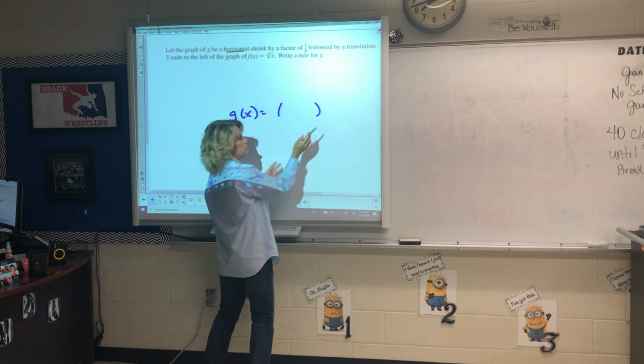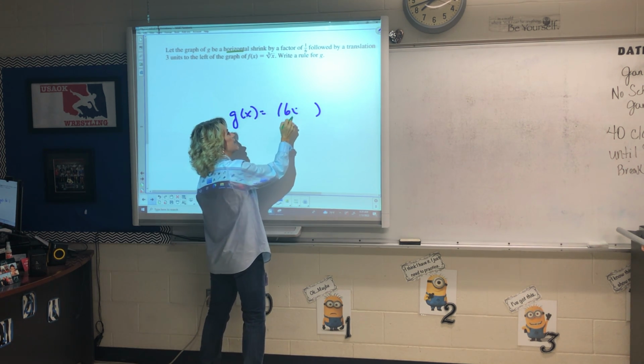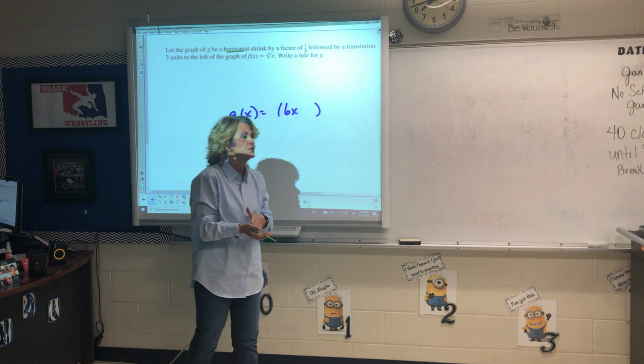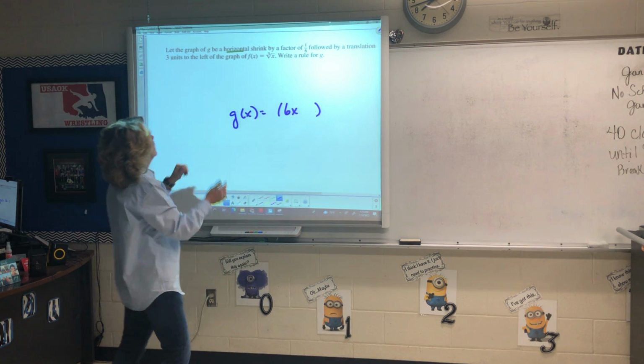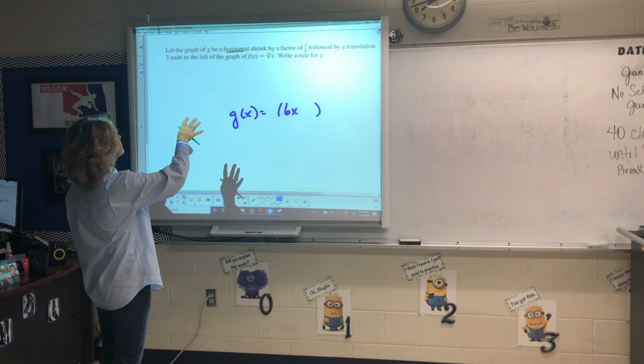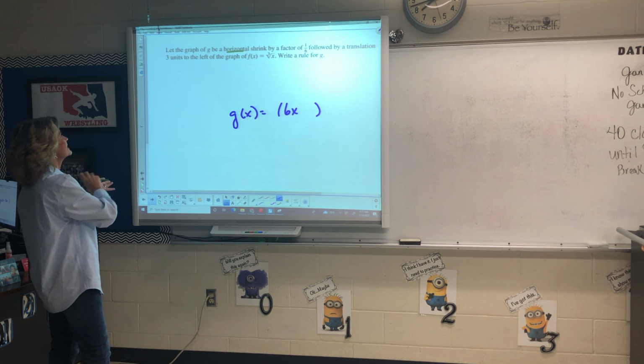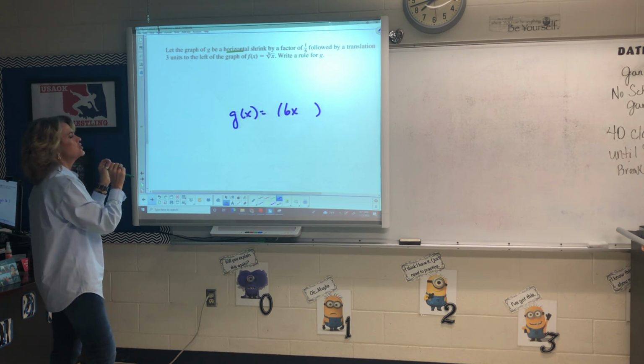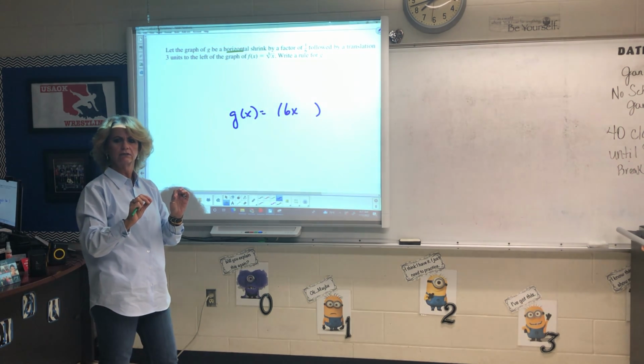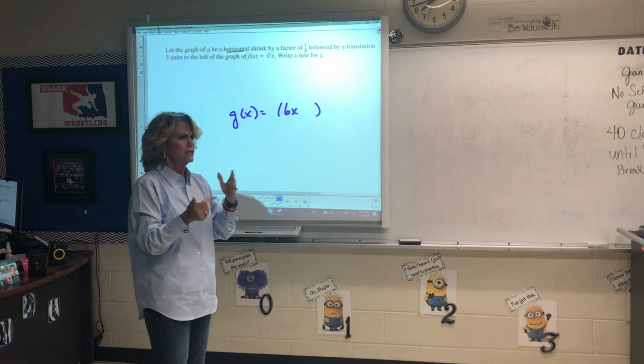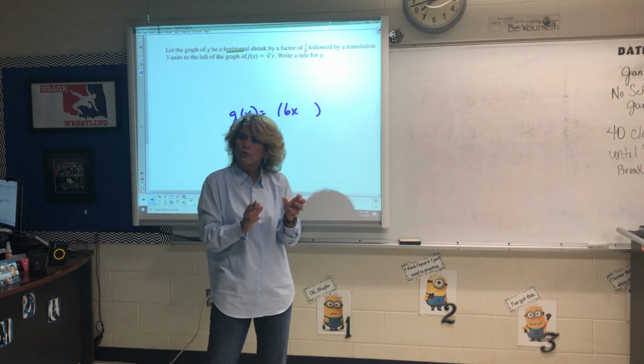I don't know what I'm doing yet, but I know I'm going to have 6x. It's a horizontal, yes? By a factor of 1/6, followed by a translation of 3 units to the left. What do I do? Is 3 units to the left my H or my K?